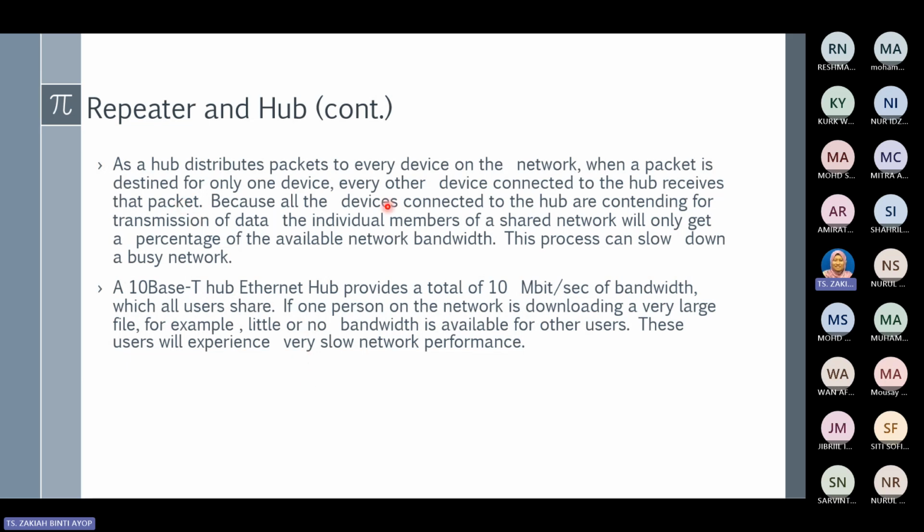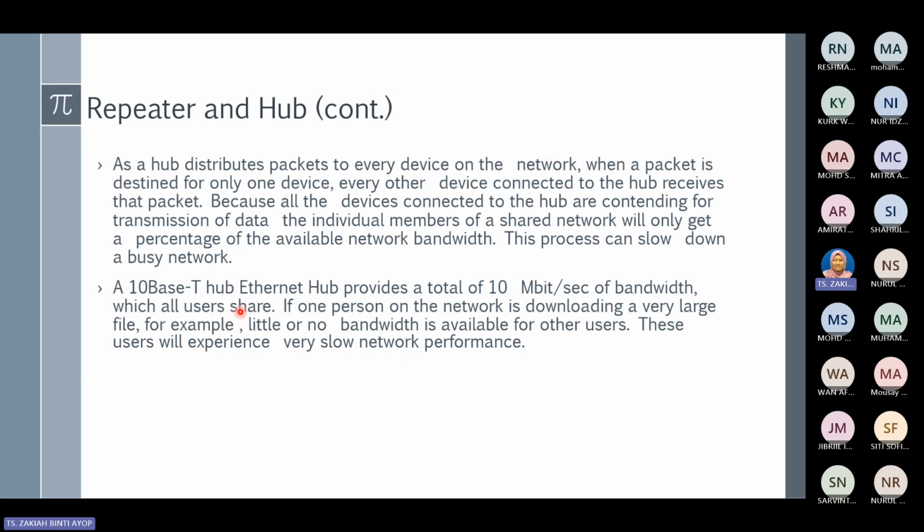Because all the devices connected to the hub are contending for the transmission of data, the individual members of a shared network will only get a percentage of the available network bandwidth. So let's say for a hub, if you have a bandwidth of 10 megabits per second and you have 4 ports, then it will be shared between the devices.